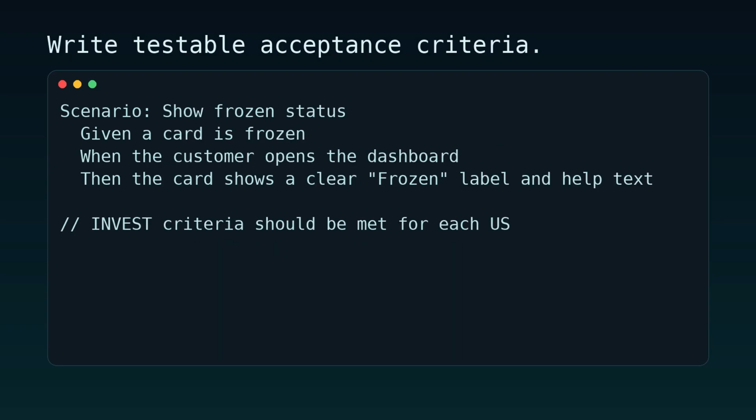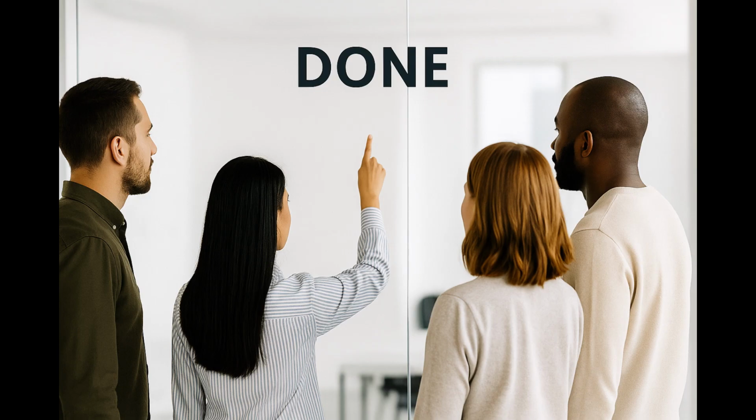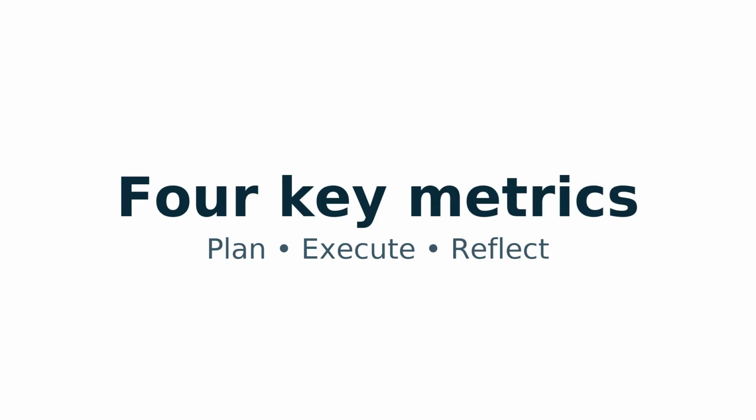Scenario 2: Show Frozen status. Given a card is frozen, when the customer opens the dashboard, then the card shows a clear Frozen label. These short scenarios align product, dev, and QA. Everyone sees the same finish line and the same done. INVEST criteria should be met for each user story.